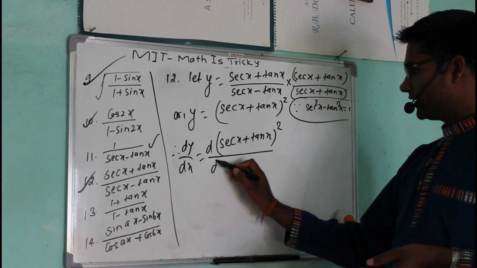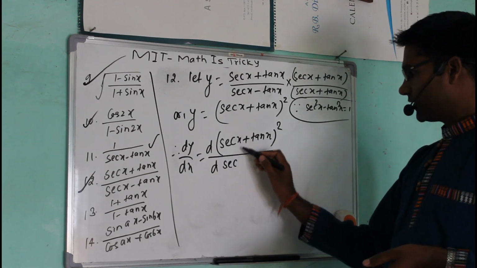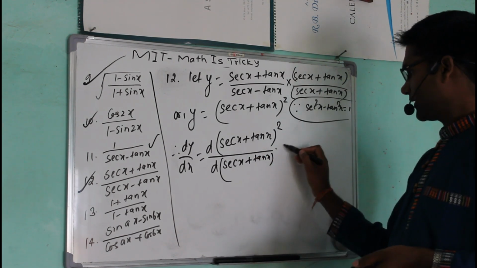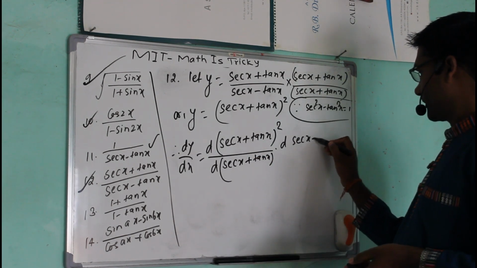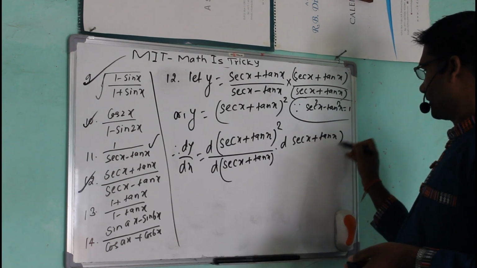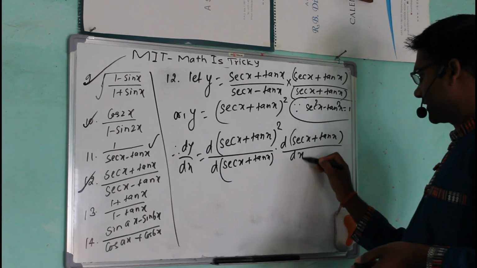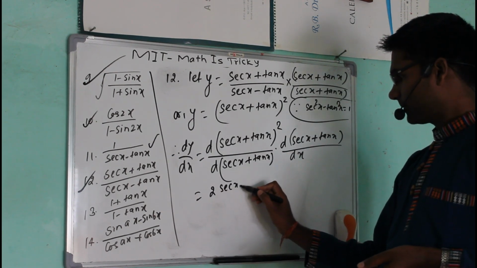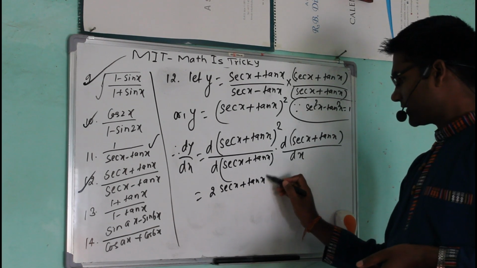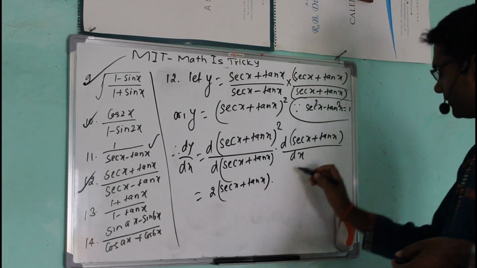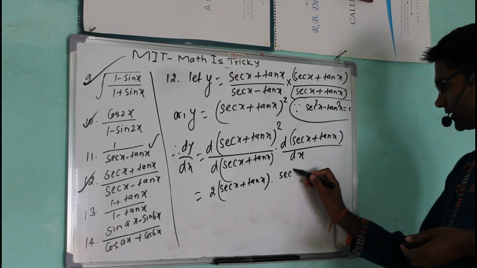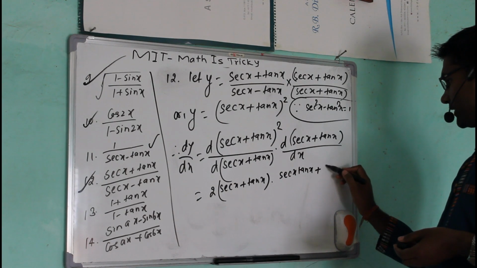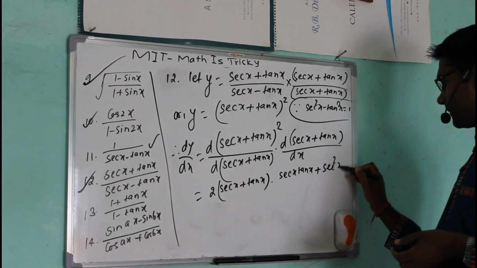Now we can write dy by dx equals simply d of sec x plus tan x whole square. We are using the chain rule, so keep the base: 2 times sec x plus tan x times d of sec x plus tan x by dx. The derivative of sec x is sec x tan x, plus the derivative of tan x, which is sec square x.